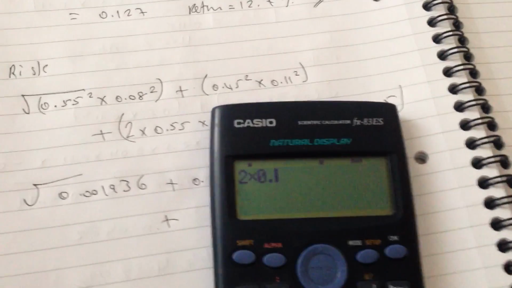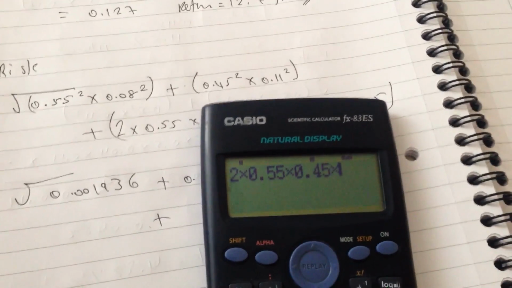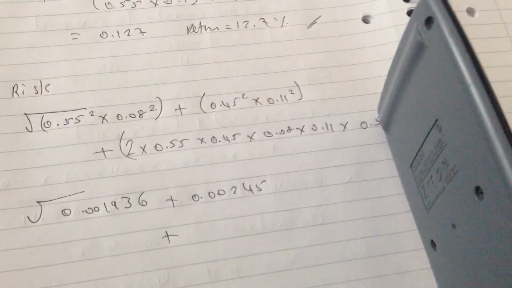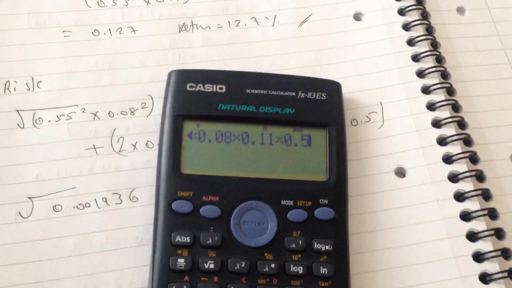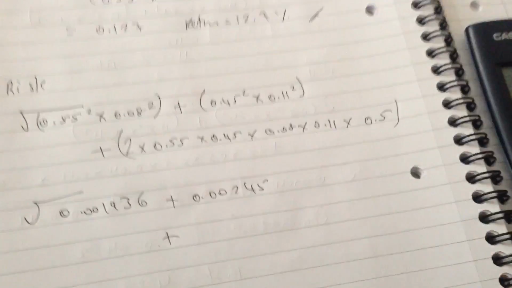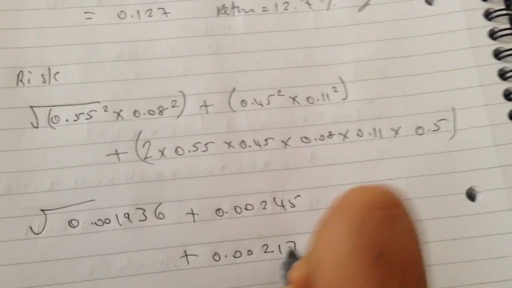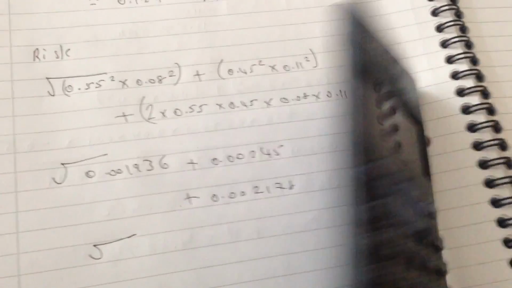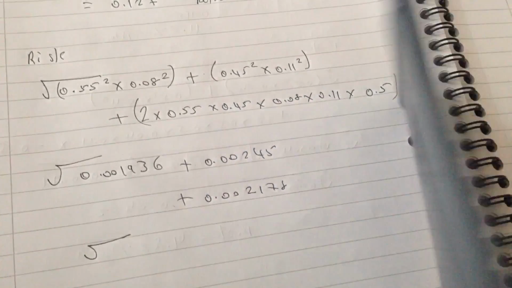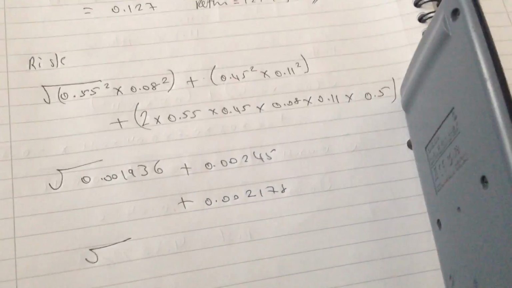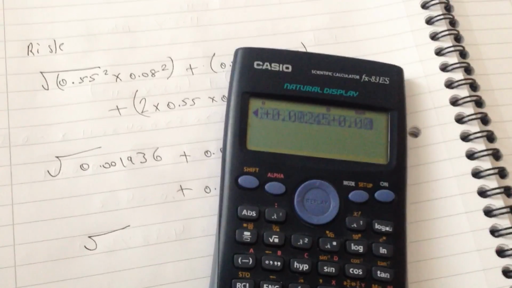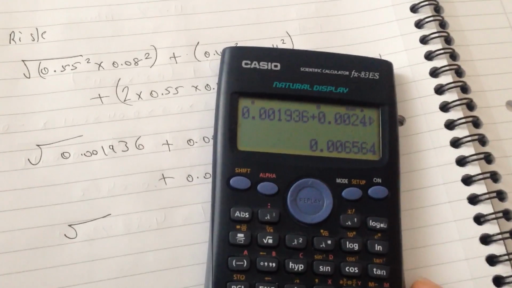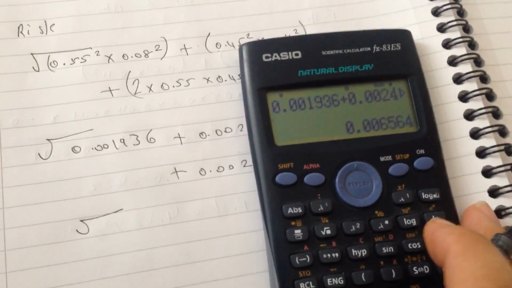2 times 0.55 times 0.45 times 0.08 times 0.11 times the correlation 0.5 equals 0.002178. Add these three values together: 0.001936 plus 0.00245 plus 0.002178 equals 0.006564.